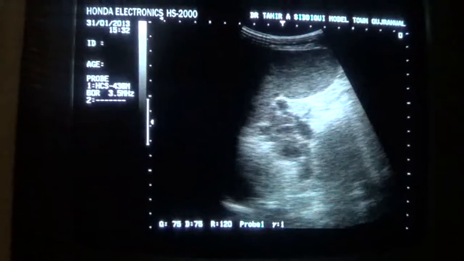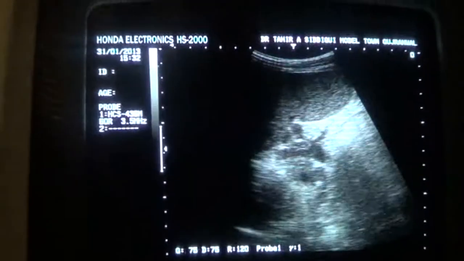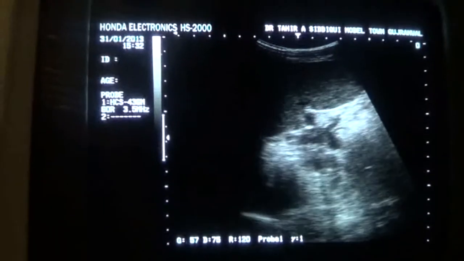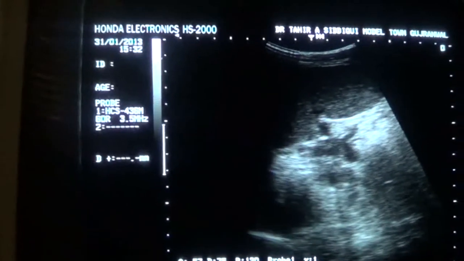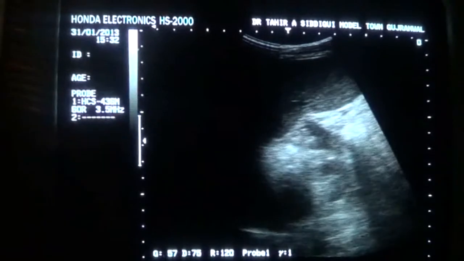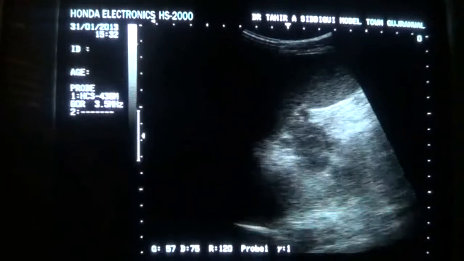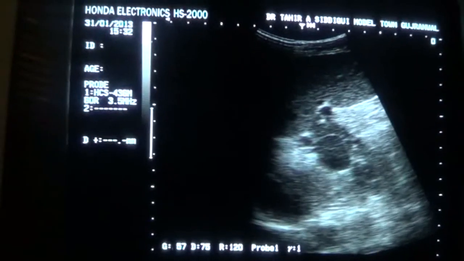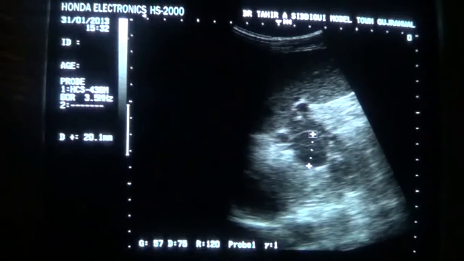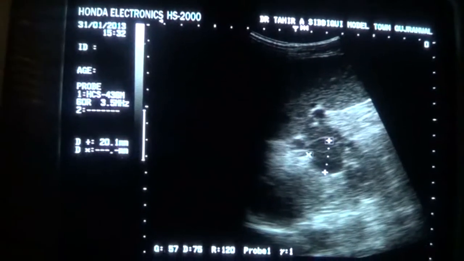The spleen is not enlarged, and this is the splenic vein entering the hilum of the spleen. And what is this region? This is in fact another lymph node, and this lymph node is at the splenic hilar region.